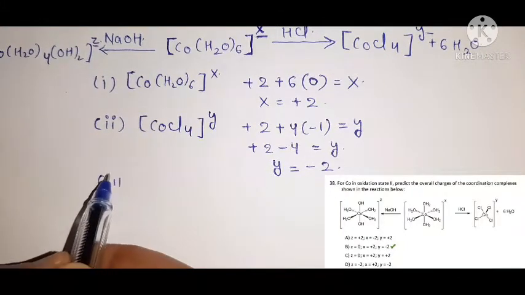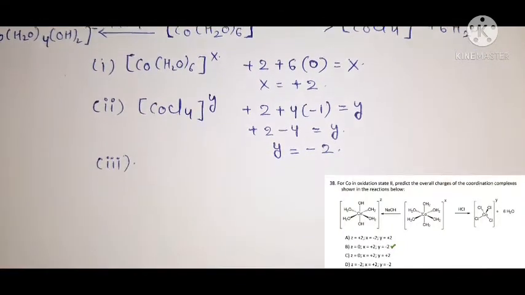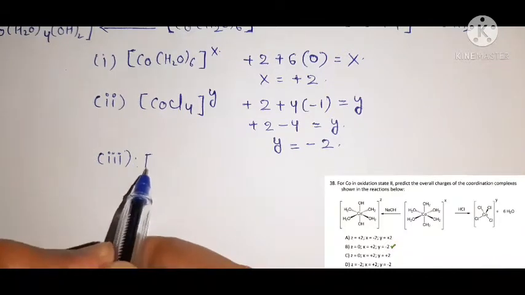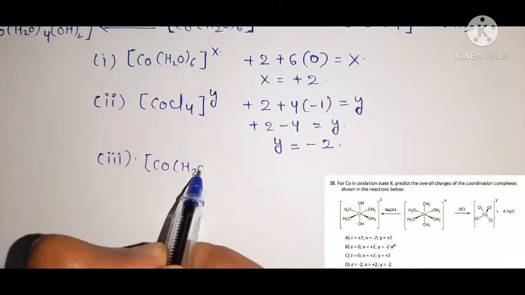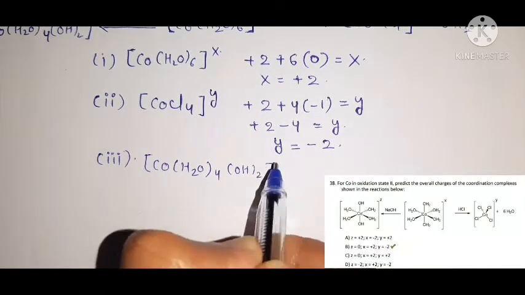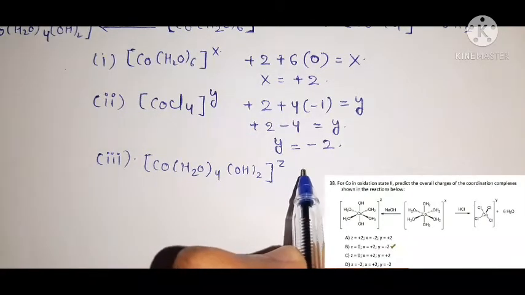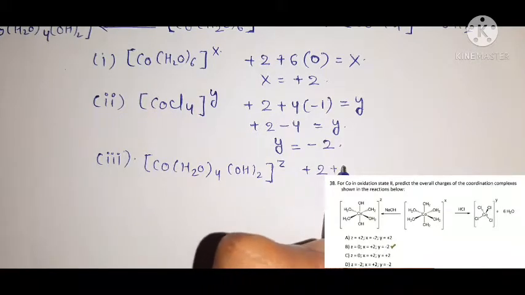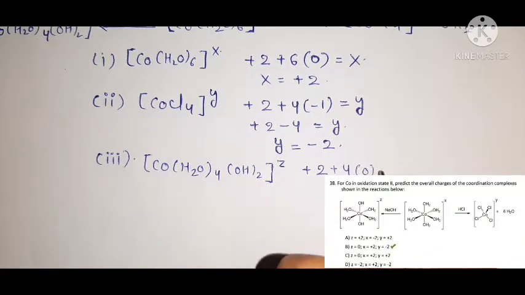Now in the third complex, that is Co(H2O)4(OH)2 Z, cobalt is present in +2 oxidation state, H2O is a neutral ligand and OH is also an anionic ligand, so it will be -1. A single negative charge present on each OH ligand. So when you solve this equation, the value of Z you get is 0.